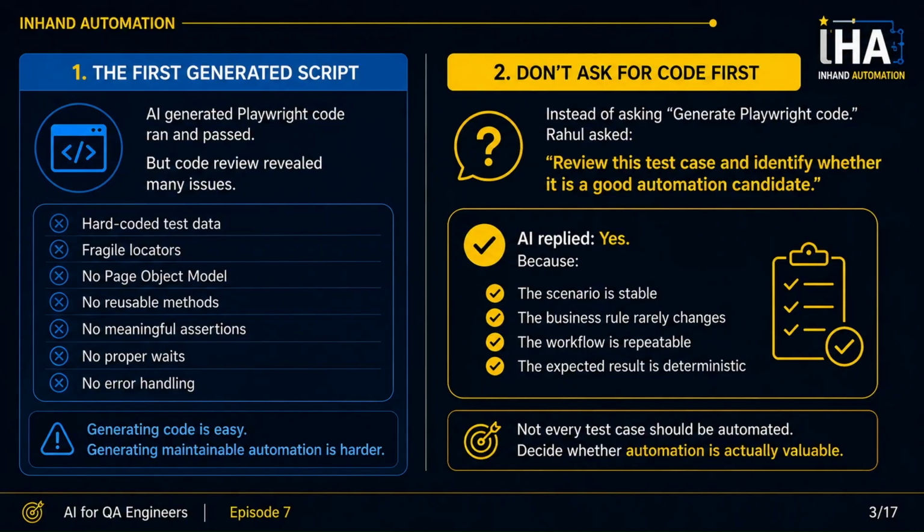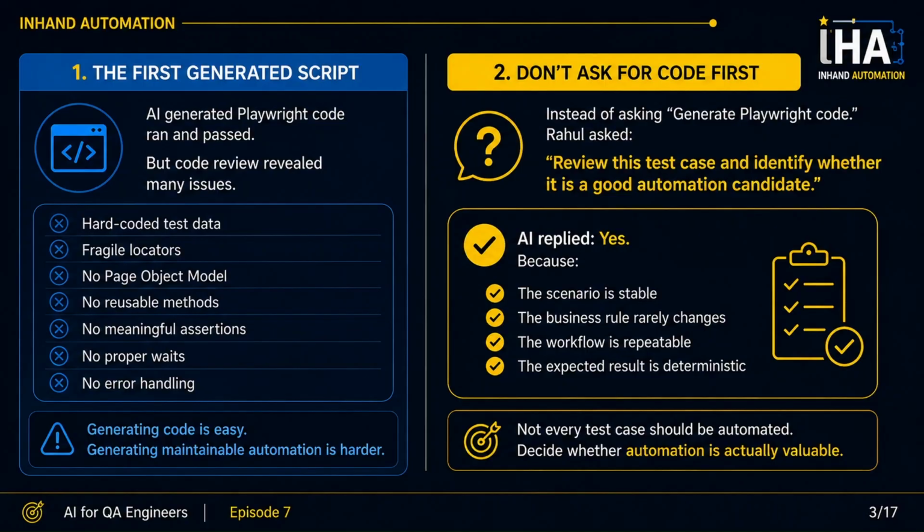There was no reusable method which can be used in the future. There was no meaningful assertion. There were no proper waits to handle synchronization issues. There was no error handling to debug failures. So here we got to know that generating code is easy, but generating maintainable automation is harder.